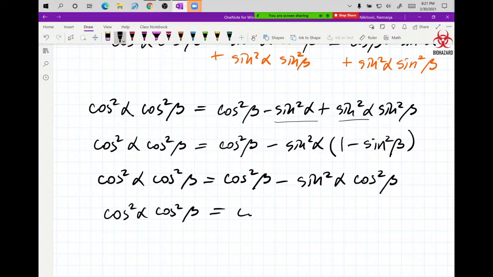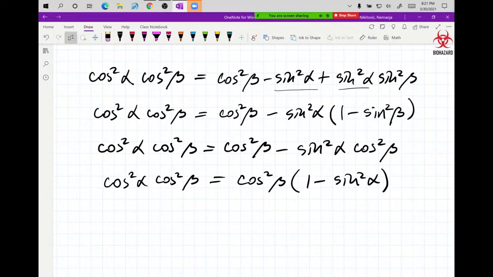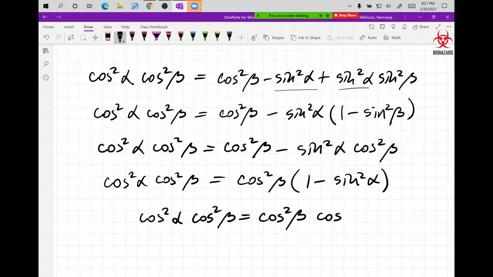Over here I can factor out cosine squared beta, and you get 1 minus sine squared alpha, and that is cosine squared. There you go. See? Never give up. Even when you are stuck and when all hopes are done and nothing works, eventually it has to work.